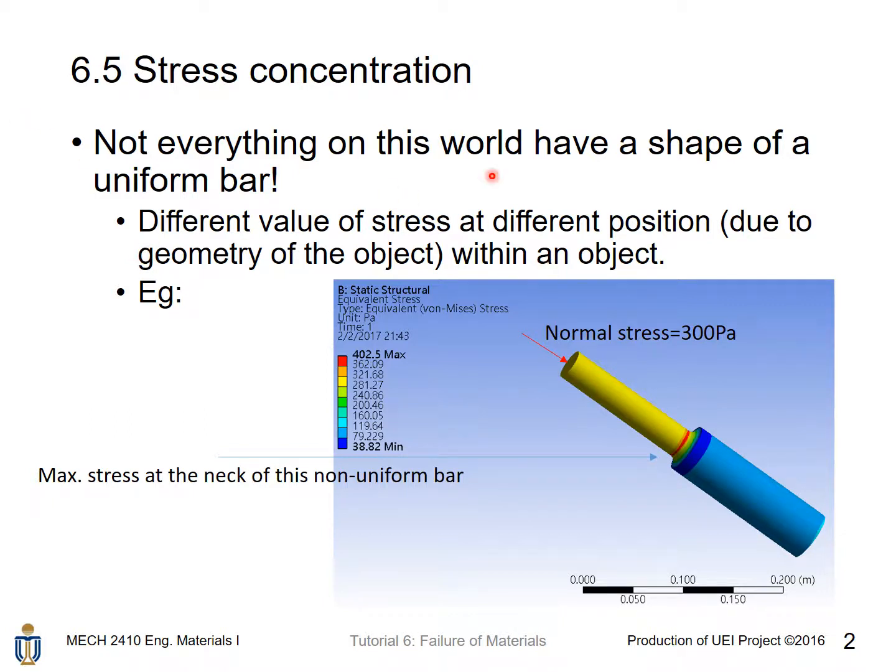Therefore, we must first find the maximum stress within an object under certain load conditions before we can try to predict when it will fail. Because if this maximum stress exceeds the critical value for that kind of material, definitely it will fail.